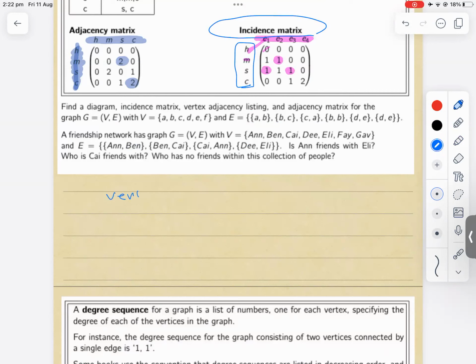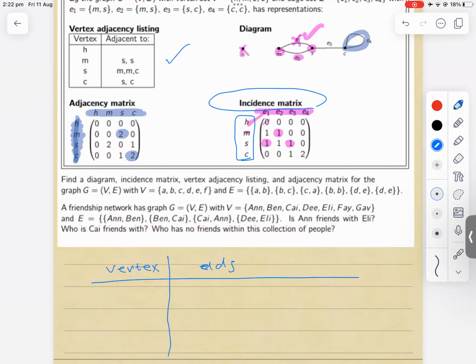What are the vertices? What are they adjacent to? So I'm going to do it like this.